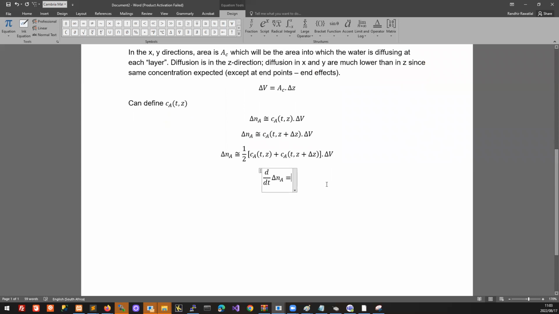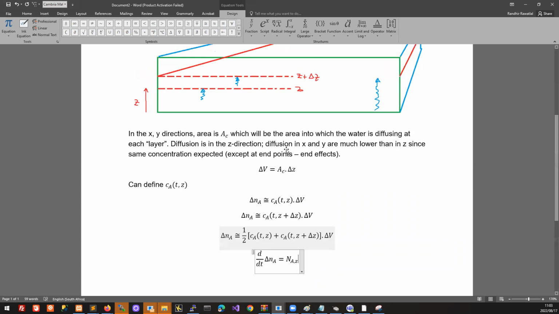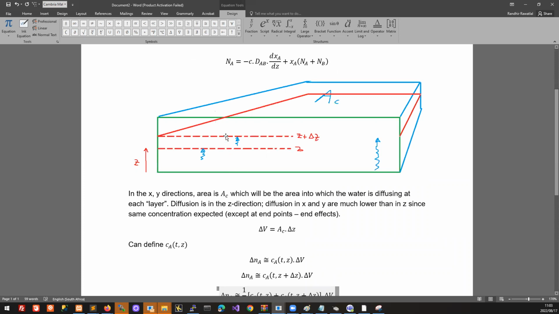So we can write this then as the molar flux of A, and we want to specify the spatial position Z, and then we want to multiply that by the area that's presented to diffusion. And this is another source of extreme error.